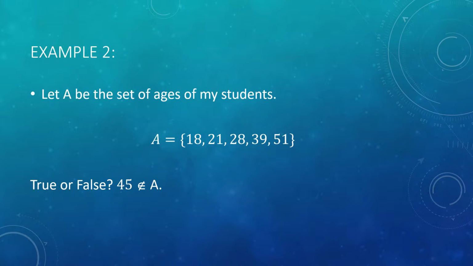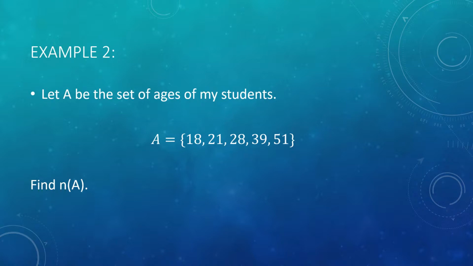It says true or false, 45 is not an element of A. Let me read that again. True or false? 45 is not an element of A. So do you see the number 45 in this list? No. So this is true. 45 is not an element of the set A.